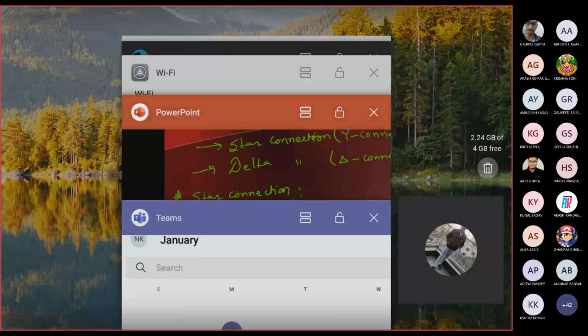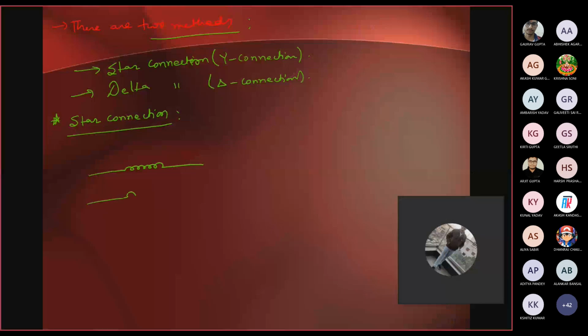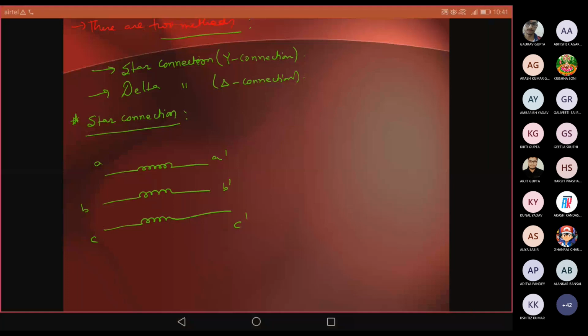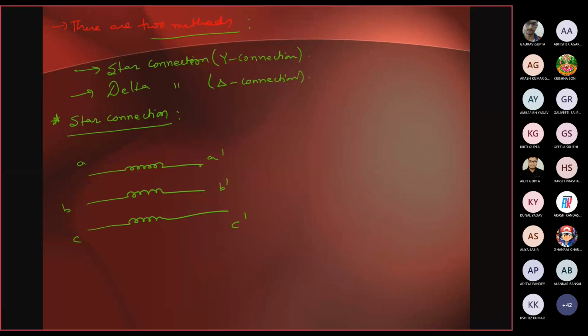Okay. So suppose we have three coils, A dashed, B dashed, and C dashed. If we have to connect these three coils in a star connection, then the method is that you need to connect the same polarity points of each coil. Suppose this is positive, this is negative, this is positive, this is negative, this is positive, this is negative, for the three coils A dash, B dash, and C dash.